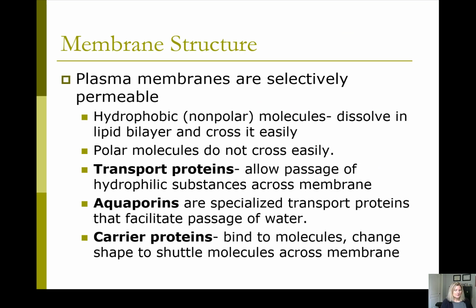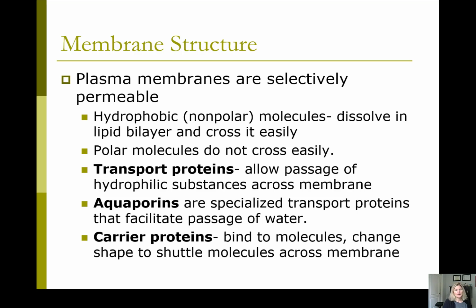All right, so we talked about the cell membrane. Let's talk about its selectively permeable nature. We already talked about how the plasma membrane is mainly that lipid bilayer. So we have the hydrophilic heads and the hydrophobic tails. The hydrophobic tails prevent certain things from passing through.